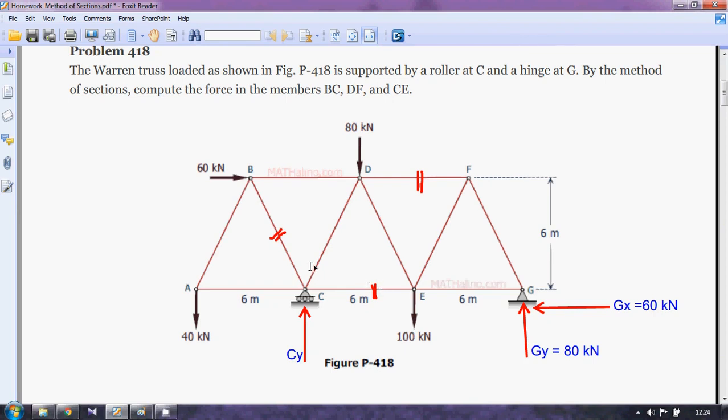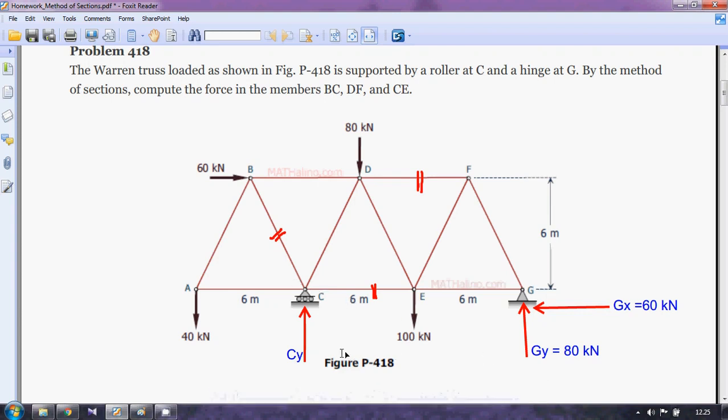How many forces are in the downward direction? You have 40, 80, so 120, and you have a force 100, so 120 plus 100, it means 220. You have only 80 kilonewton force upward, so in order to balance the structure you need more upward forces, otherwise the structure will not be balanced.